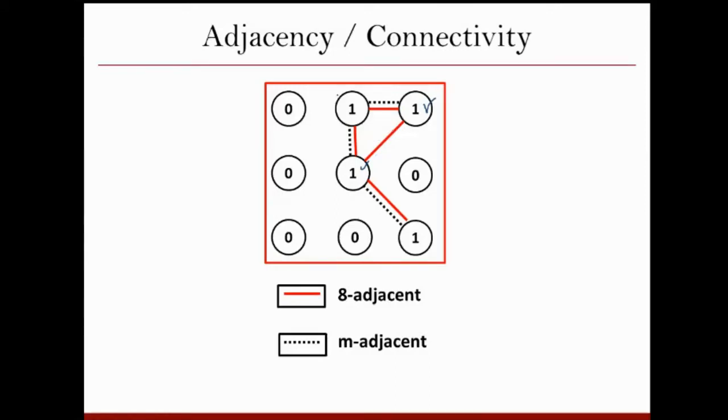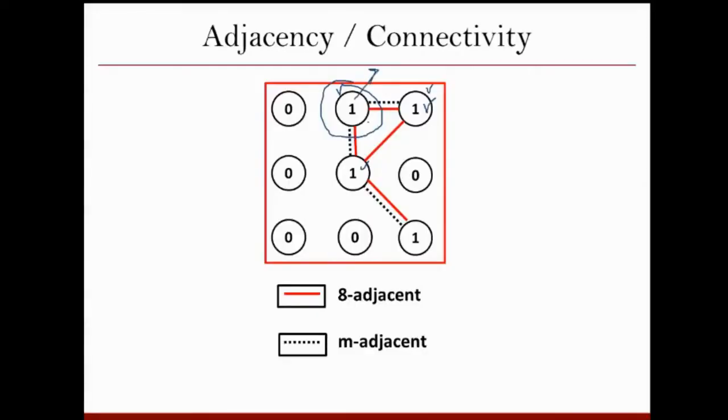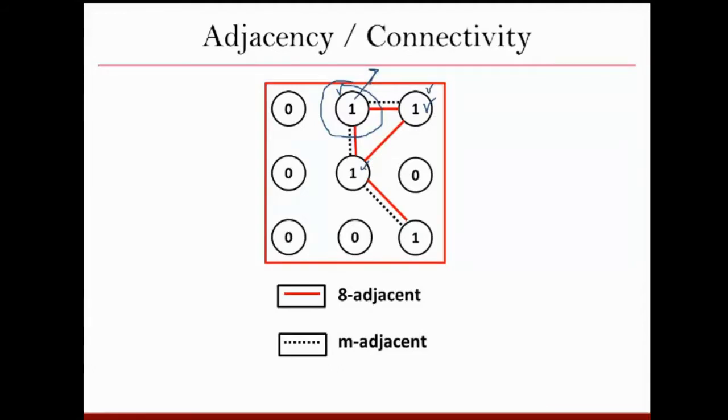Only this pixel is m adjacent, and with respect to this pixel is m adjacent, but this diagonal thing is not there. And the reason is that we have something common here. If this pixel had been 0, then we would have been able to define the connectivity or adjacency between this pixel here and this pixel directly using this diagonal.